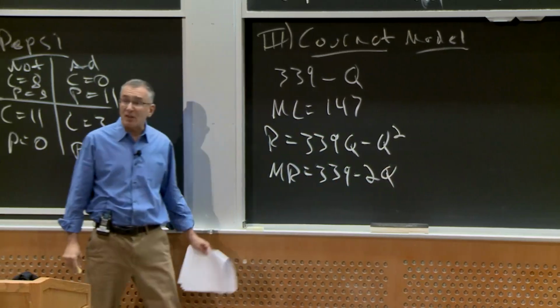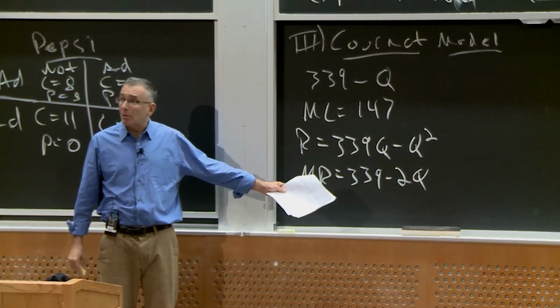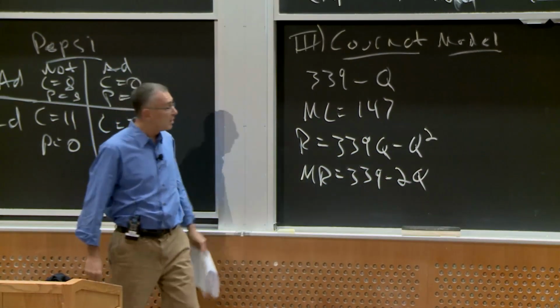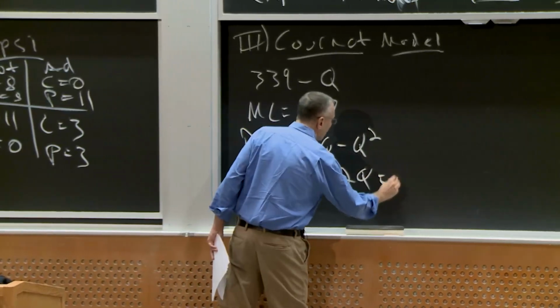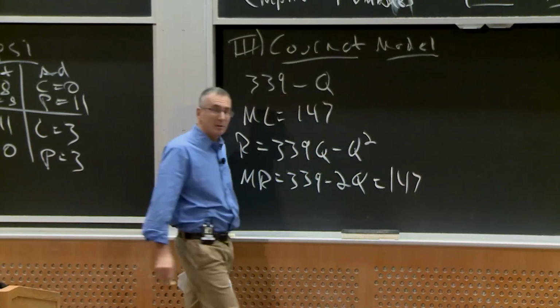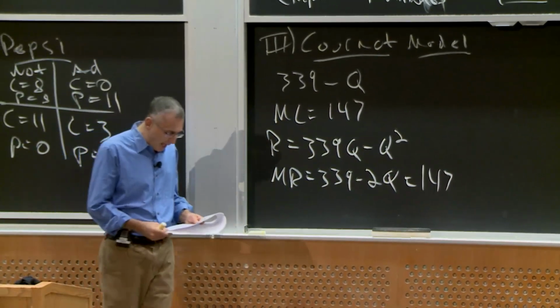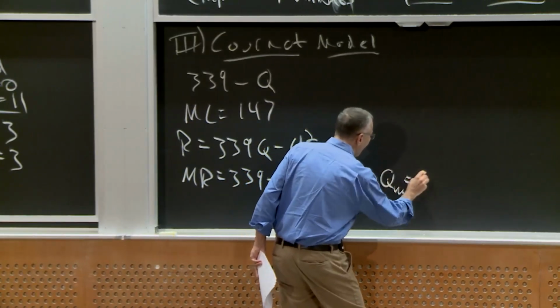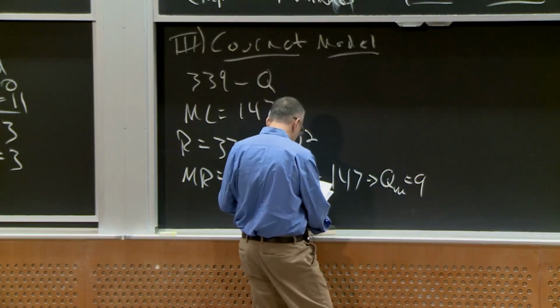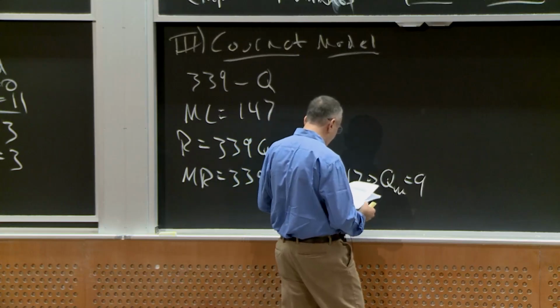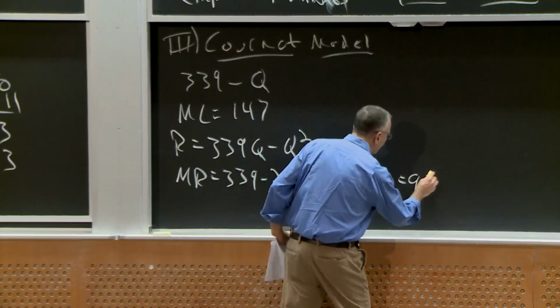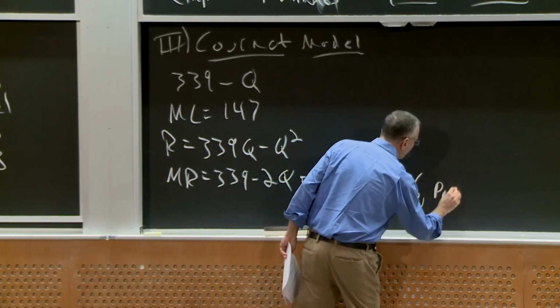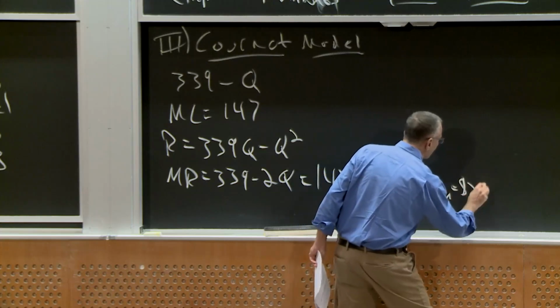So the monopolist sets marginal revenue, 339 minus 2Q, equal to marginal cost, which is 147. And you get that the optimal monopoly quantity, QM, is 96 flights, and the optimal price is $243.